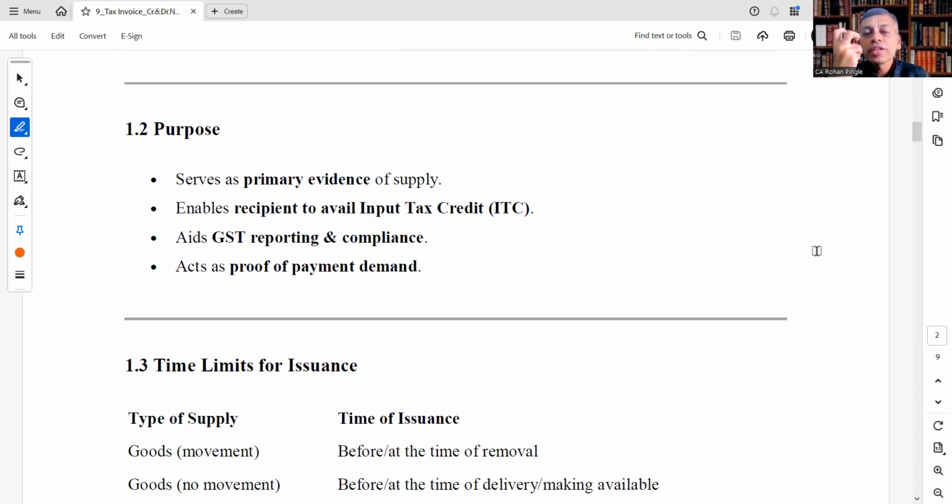This is the first condition if the recipient wants to avail input tax credit: the source document is the tax invoice, and he must have that tax invoice. It aids GST reporting and compliance and acts as proof of payment demand. Means you can demand payment based on your tax invoice.